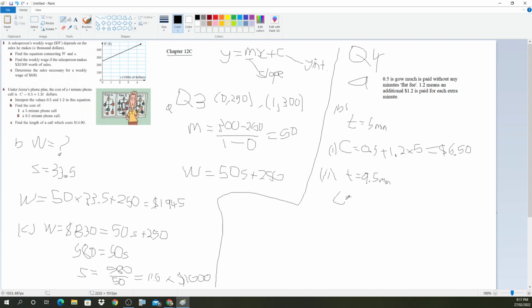C equals 0.5 plus 1.2 times by 9.5. I keep drawing my 9s like a 4 when I'm using the mouse. There we go, it's a bit better. I'm getting a little bit better at drawing with the mouse. There we go. All right.